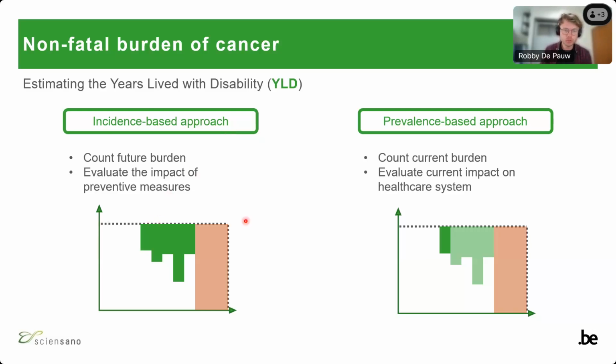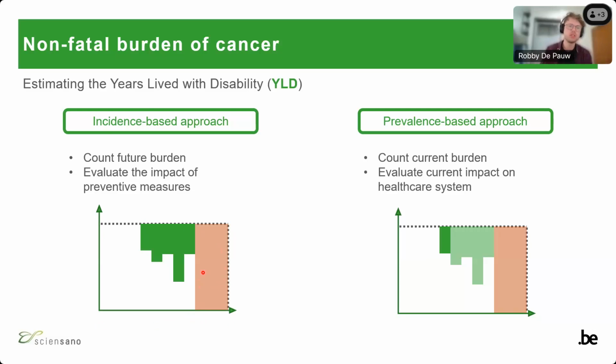So if you look at this small graph, and I think this is also a graph that you're all quite familiar with. Let's say that on the y-axis you have quality of life, right? And this is the 100%, and this is the ideal life expectancy. So on the x-axis you have age, and then of course, unfortunately, often people die before their ideal life expectancy, and the red part, which was a bit made transparent here, is the YLL.